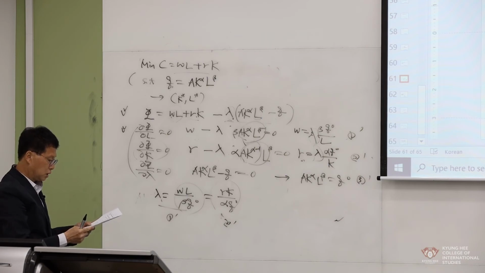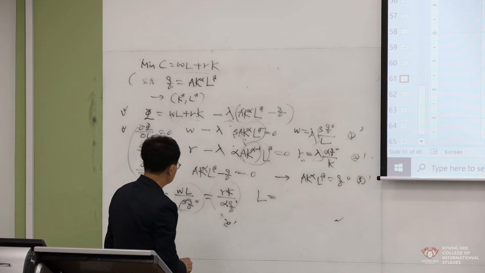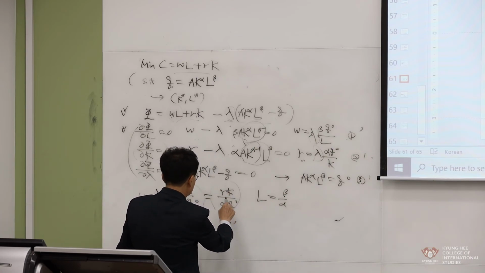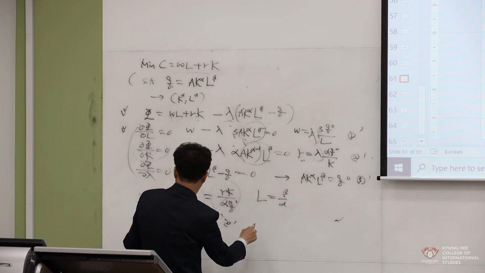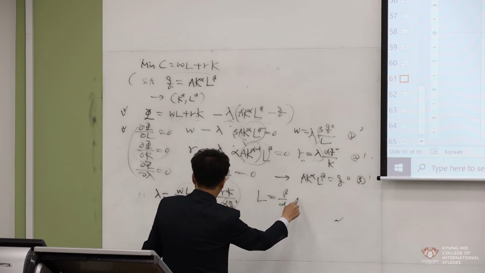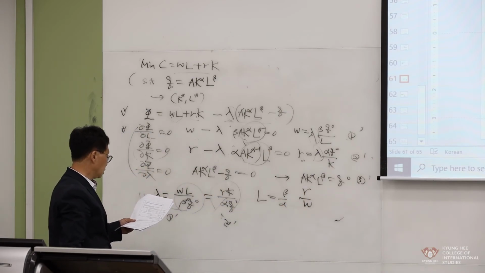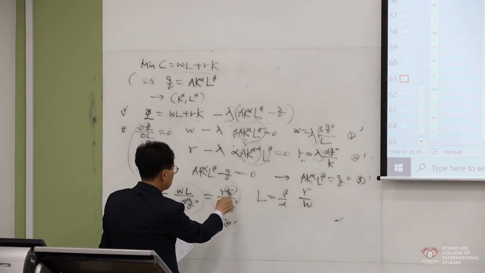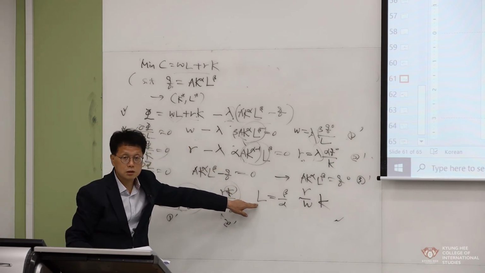Then from here, K over L is equal to β over α, and Q0 disappeared, and that is W over R. From these two, we can get these relations.